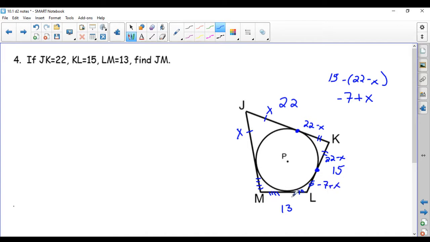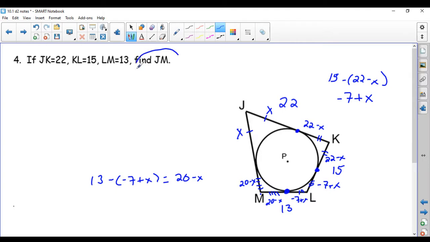And this segment down here would be the same. Now we need to find from the point of tangency over to M. So we're going to take the 13 from that side and again subtract the entire expression, negative 7 plus x. 13 minus negative 7 is 20 minus x. So this segment here is 20 minus x, and it's also 20 minus x over here.